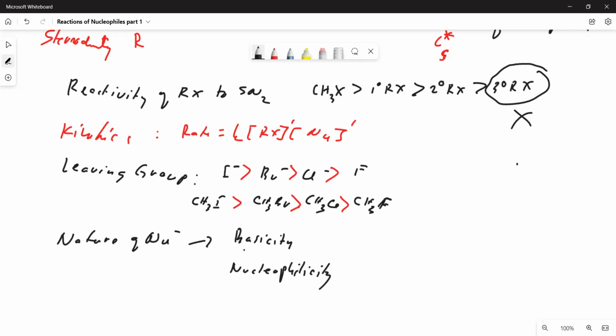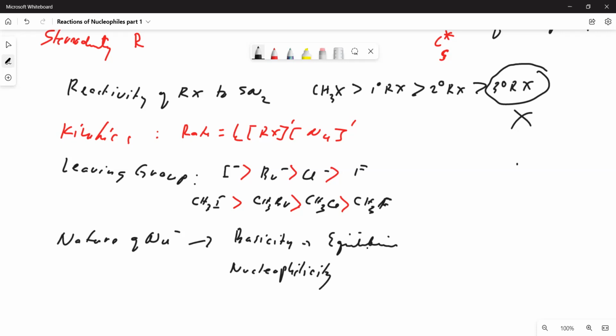Basicity is a thermodynamic term, and we talk about equilibrium here, like acidity. Once the reaction has reached equilibrium, you measure the H plus for acidity. The higher the H plus, the more acidic. Similarly, for basicity, you wait for the system to reach equilibrium and you measure the basicity, the OH.